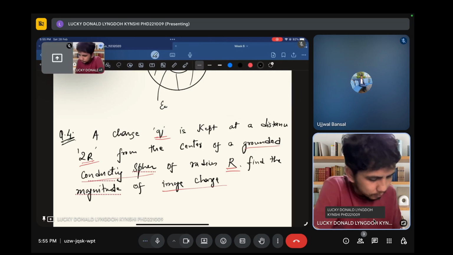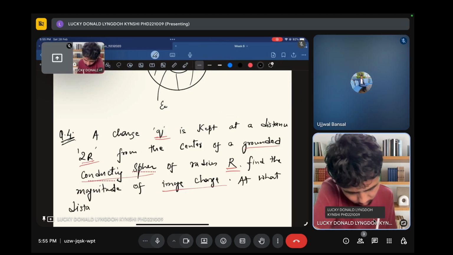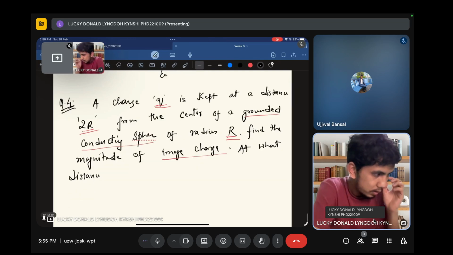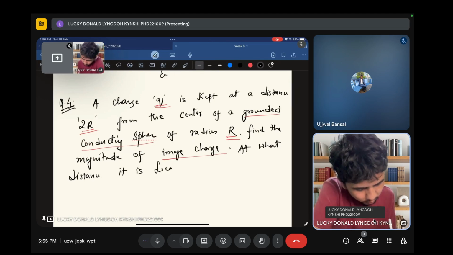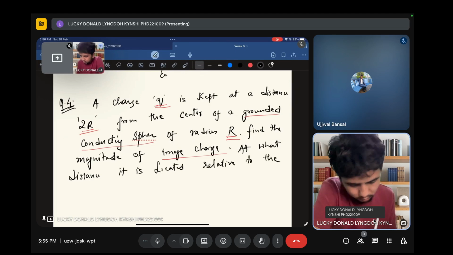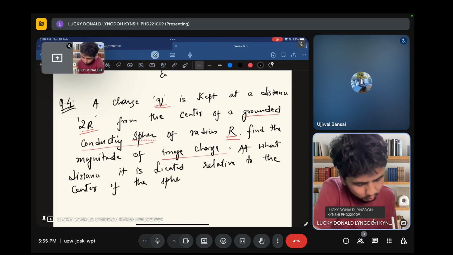Then at what distance is it located relative to the center of the sphere. Okay, these are the questions.